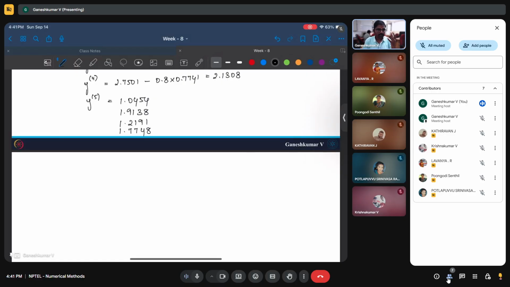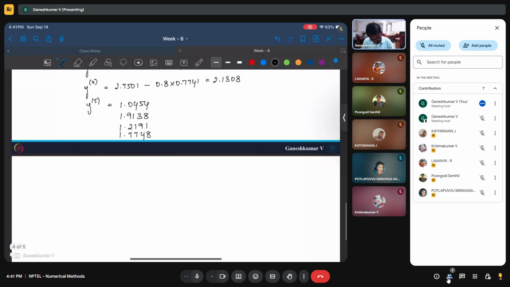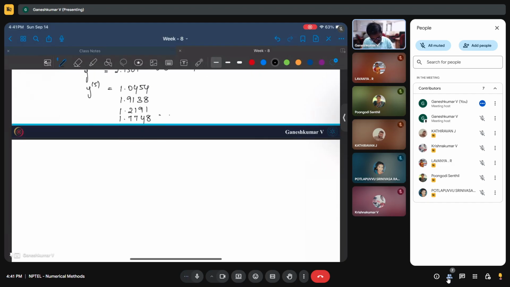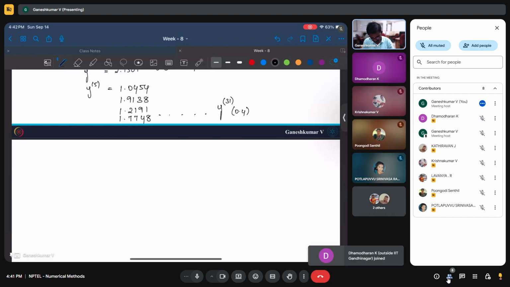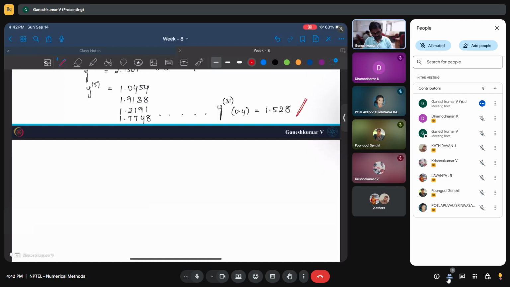So around 31 iterations. I'm not going to do it in front of you, but you can do this. At 0.4 it reached a value of around 1.528. The previous iteration was also giving 1.528, and the 31st iteration was also giving me 1.528. So I stopped there.